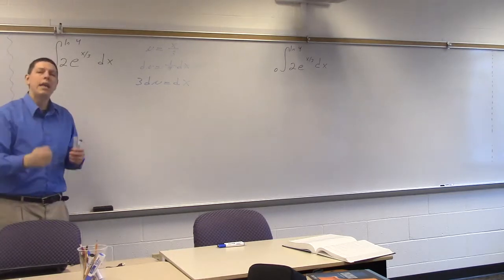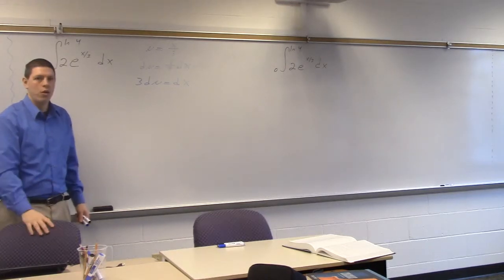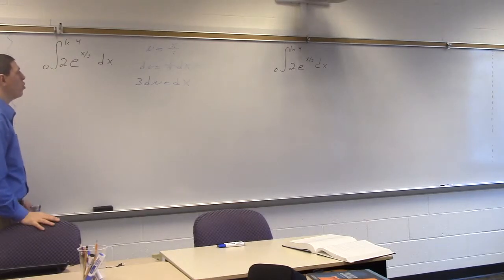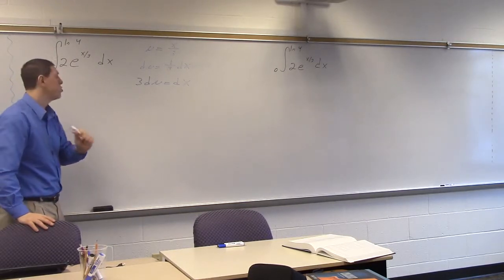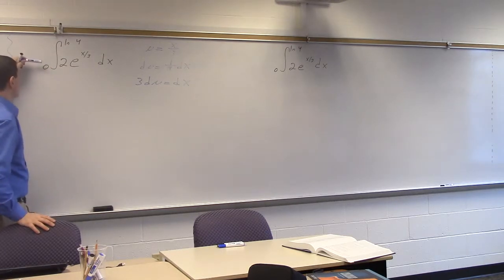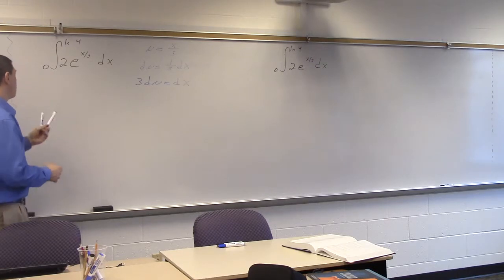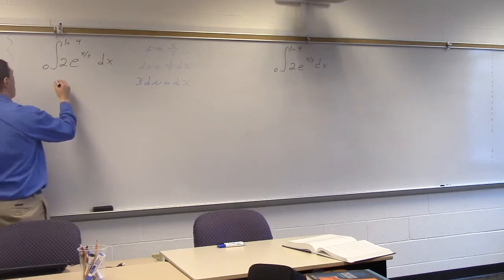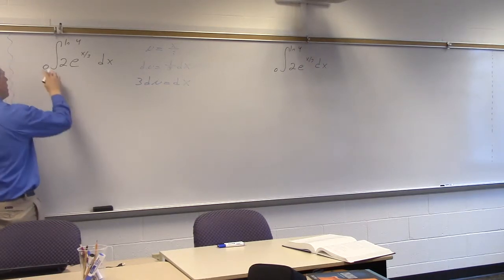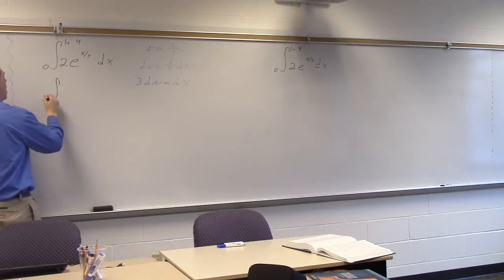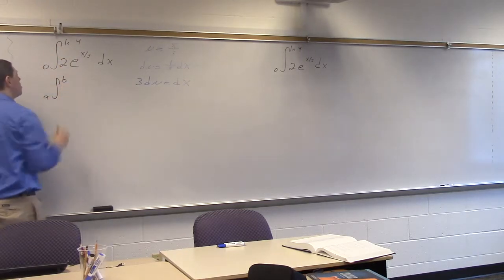Notice that we're not in terms of x any longer. So now what we have to do is we have to get rid of the 0 to ln 4. Okay? So here's what we're going to do with this. My integral now becomes the integral, instead of 0 to ln 4, I'm going to say from a to b.